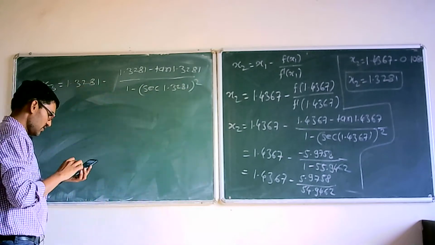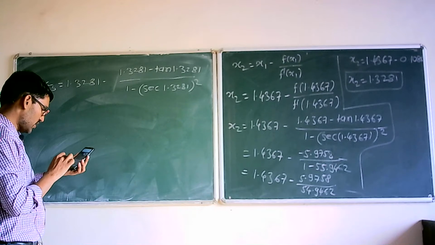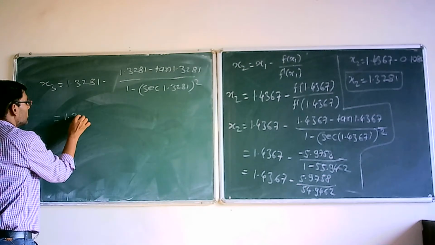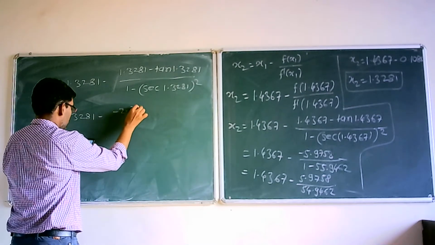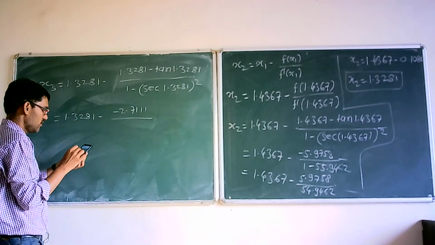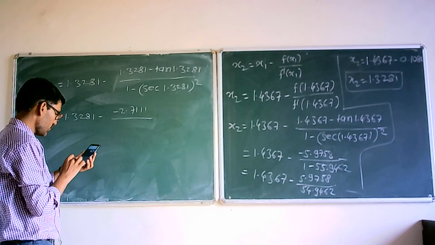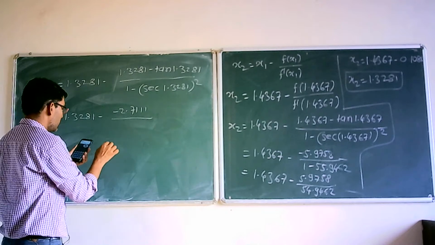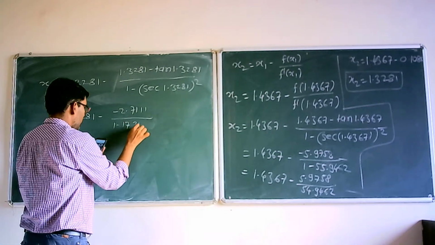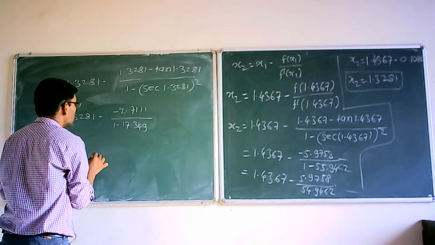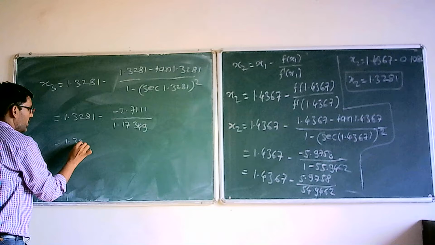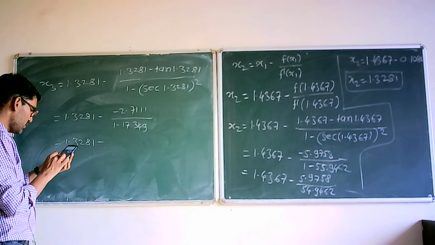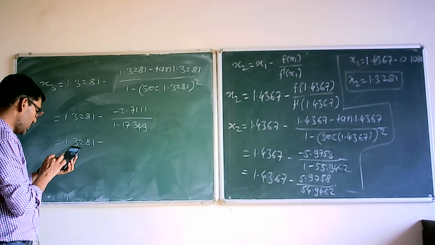If you simplify this, 1.3281 minus tan of 1.3281 is minus 2.7111, divided by 16.3149.